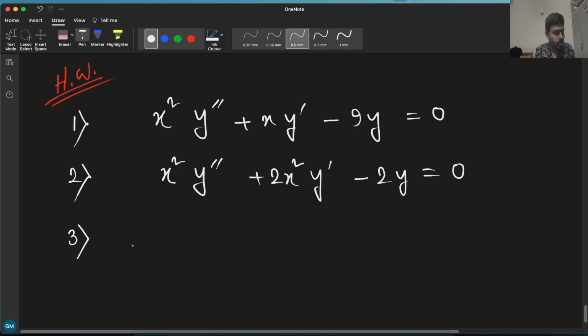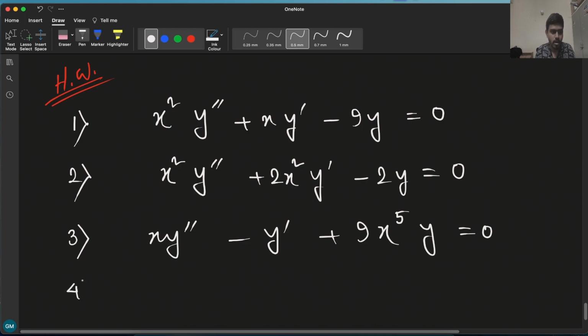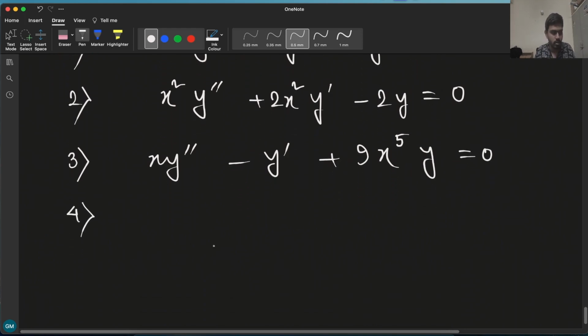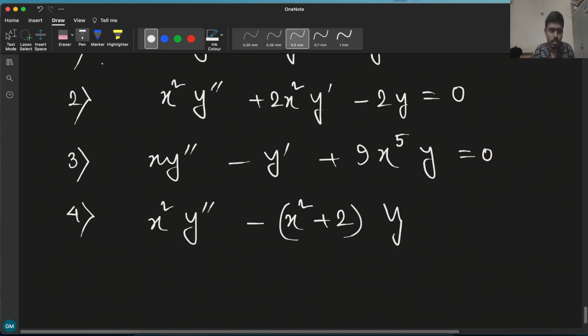And number 3 is x y double dash minus y dash plus 9x to the power 5y equals to 0. And number 4 is x square y double dash minus x square plus 2 times y equals to 0.